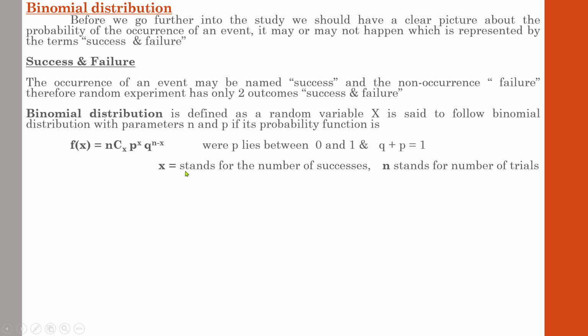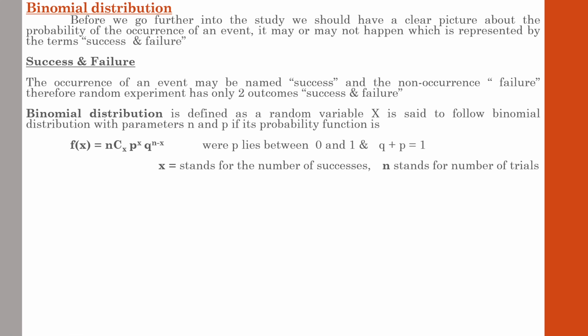You need to have a thorough idea about the equation as well as the meaning of each of the variables. So we have discussed n and x. You need not worry about C, because nCr, which we have learned in the combination concept, is the same thing used here: nCx instead of nCr. P is the probability of success, which depends upon the nature of the question.